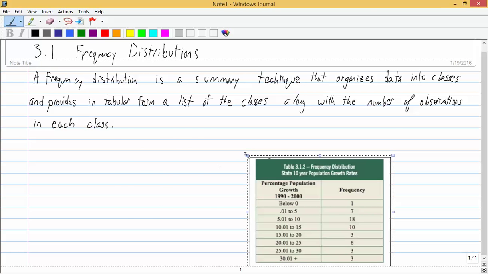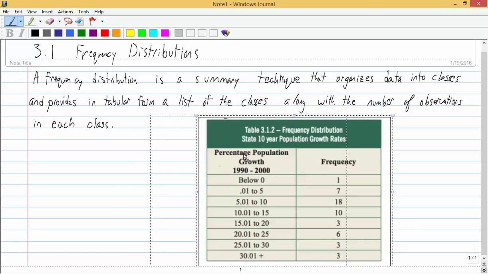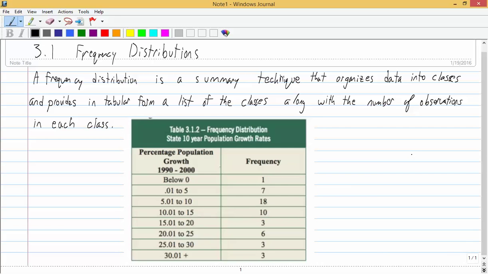You don't have to copy it down, it's in your book. It says frequency distribution, state 10-year population growth rate.